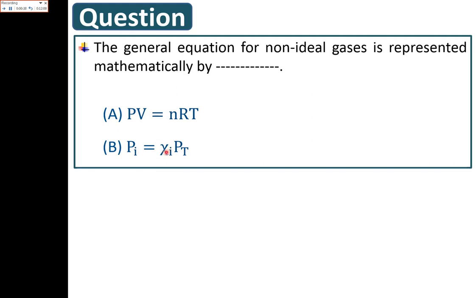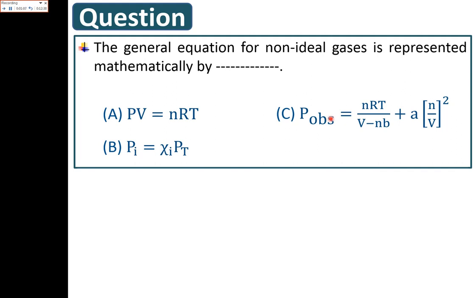This is a description of Dalton's law, and Dalton's law describes the behavior of ideal gases as well. So the third one here is that equation, but I want you to focus and pay attention to the signs in that equation.